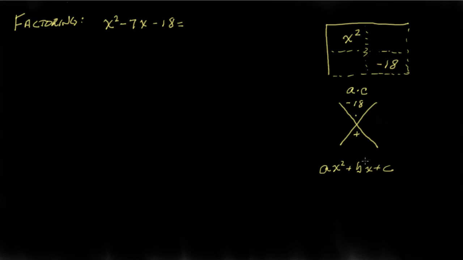On the bottom, I'll just enter the value b. Now you might use another graphical approach to this. I just use it because it's convenient, and in this case the b value is negative 7.